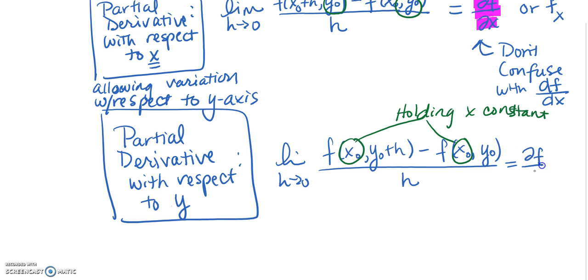It's the partial of f with respect to y. Or I could use this subscript notation. I tend to not use the subscript notation as much because in contextual situations I find the other notation to be far more valuable for me to understand the situation that I have in front of me.